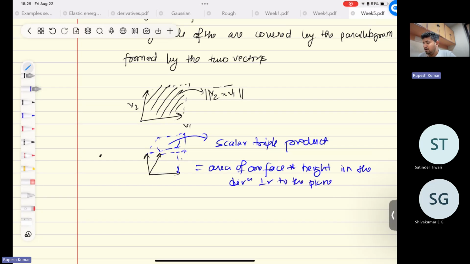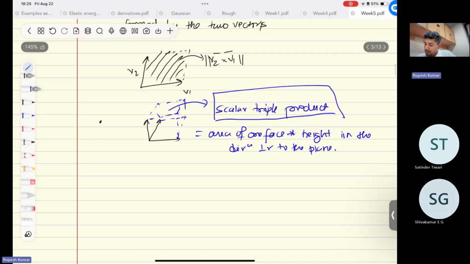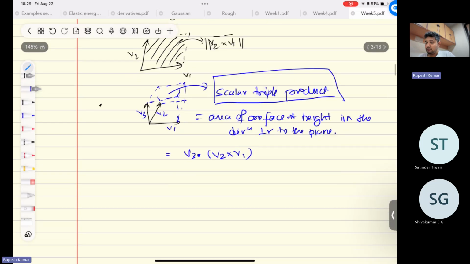This is essentially the classical definition of volume. So you can use this definition to get to the formulation of the scalar triple product that gives you the volume of this parallelepiped. Let's say these are vectors v1, v2, and v3. So this will be equal to v3 dot v2 cross v1. This will give us the volume, right?